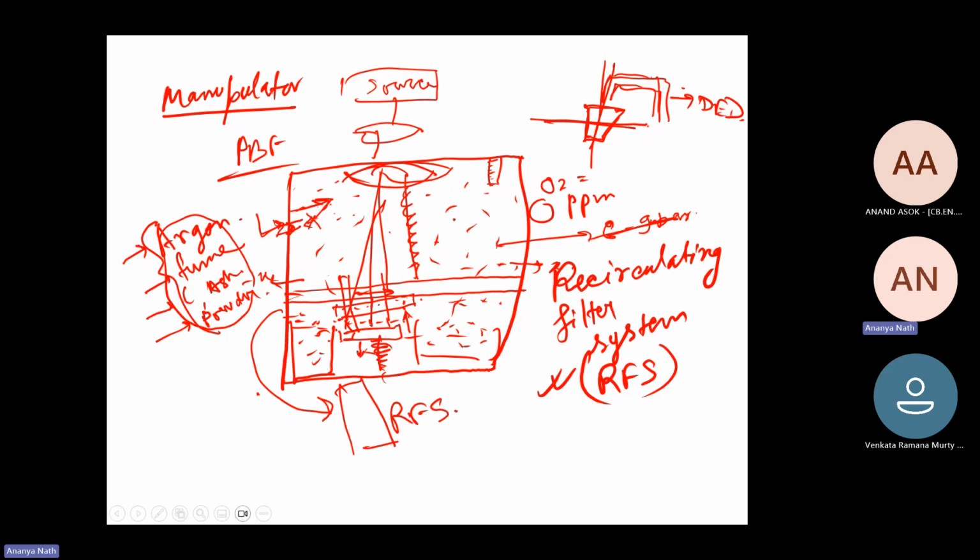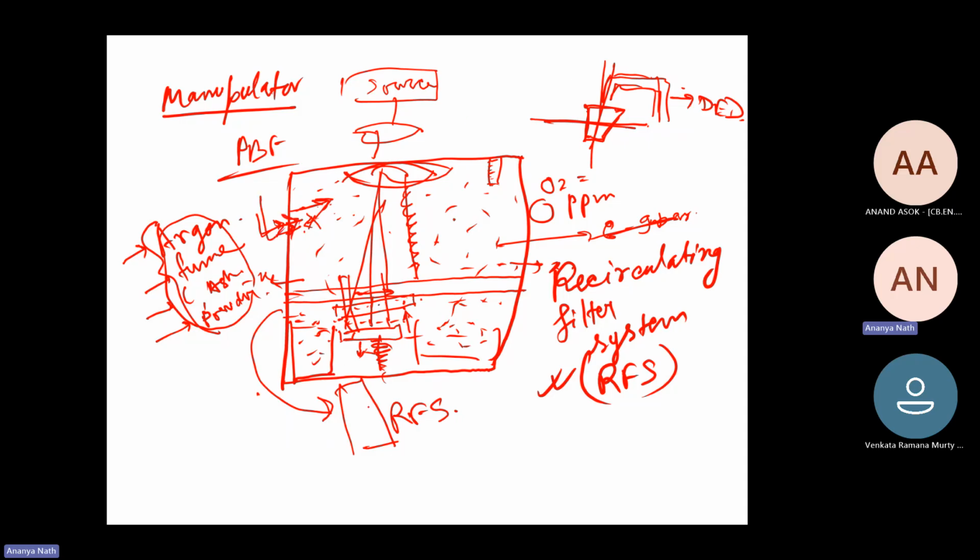RFS is having paper-based filters with a high pressurized argon. So the argon is also going in the RFS. The RFS will filter out these mixed gases, and the excess powder, fume, ashes, everything will be separated out, and the pure argon will be delivered again in the chamber through the same nozzle.